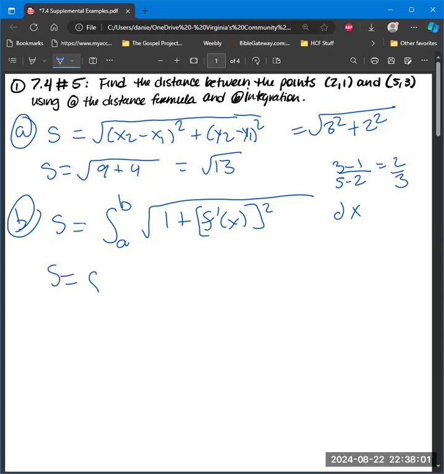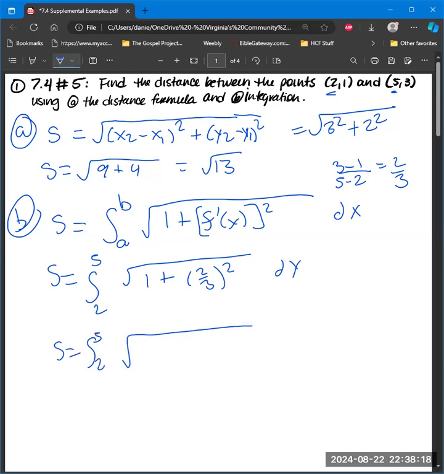So s is going to be the integral from 2 to 5 on x of the square root of 1 plus 2/3 quantity squared dx. S is the integral from 2 to 5 of the square root of 1 plus 4/9, which is the square root of 13 over 9.